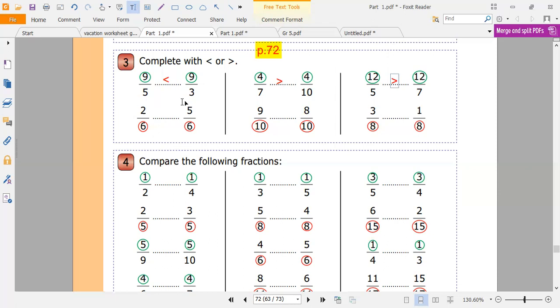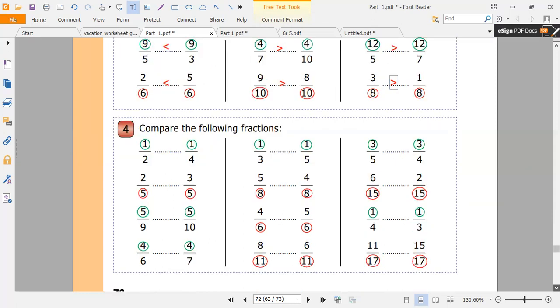So now here 5 is bigger than 2, so 5/6 is bigger than 2/6. 9 is bigger than 8, so 9/10 is bigger than 8/10. 3 is bigger than 1, so 3/8 is bigger than 1/8.